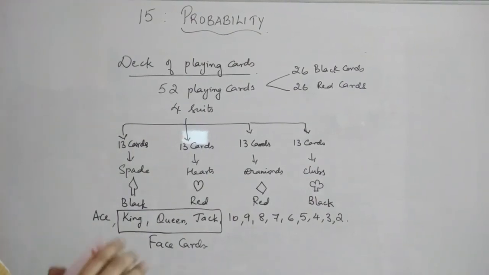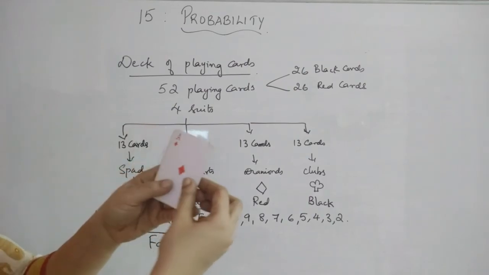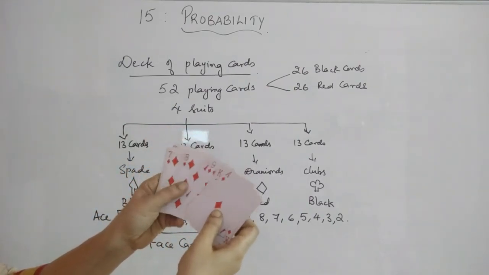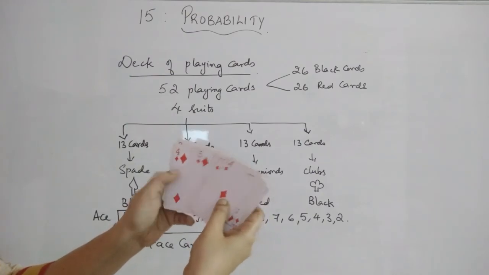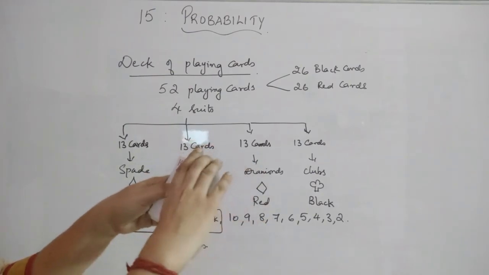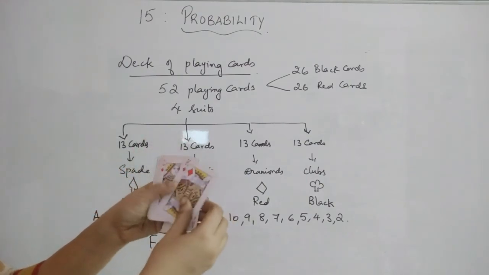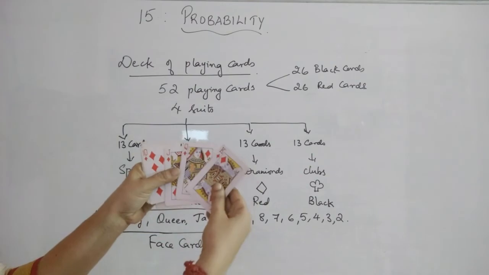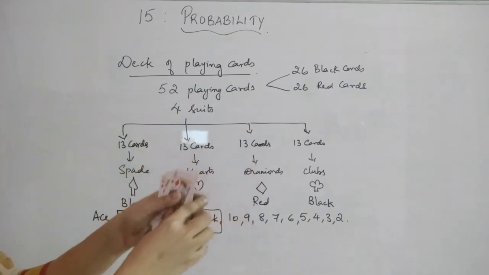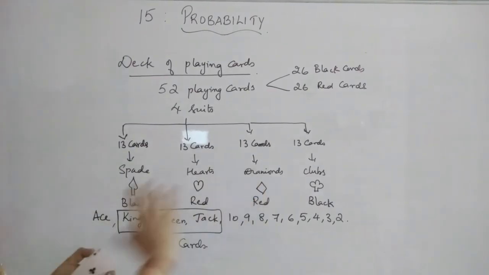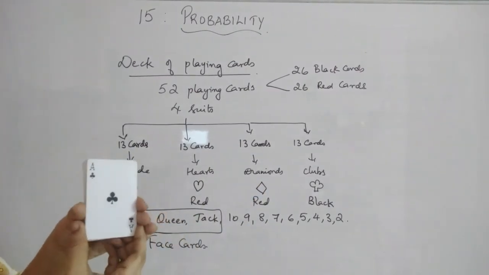Now you have diamonds. For diamond again you have ace, king, queen, jack, 10, 9, 8, 7, 6, 5, 4, 3, 2. Again 13 cards, they are red in color, and these 3 are the face cards, king, queen and jack. Okay, and the last one is clubs, which is this one.